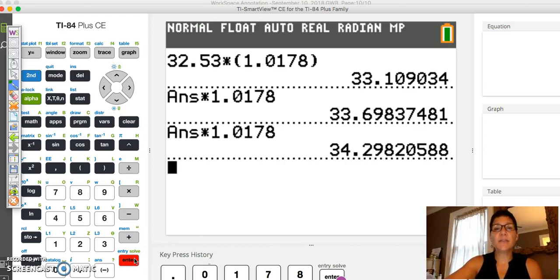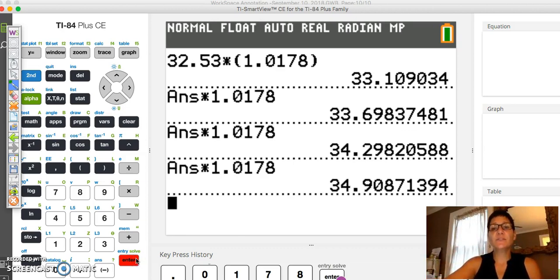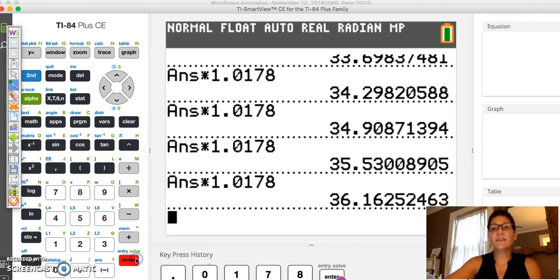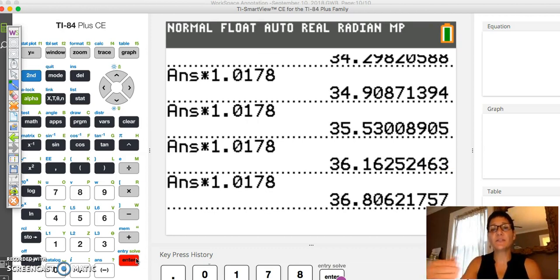If I press enter again, how nice is that on your calculator? You didn't know it did that. If I multiply it by that same number again, it's 2009, 2010, 2011, 2012, 2013, and so forth.